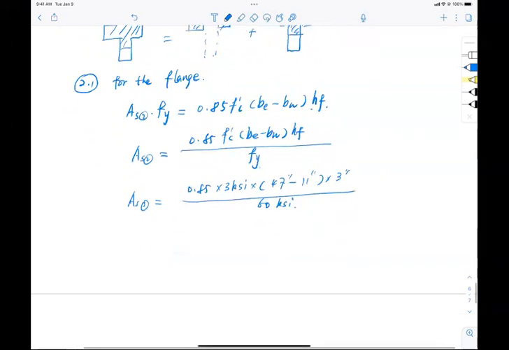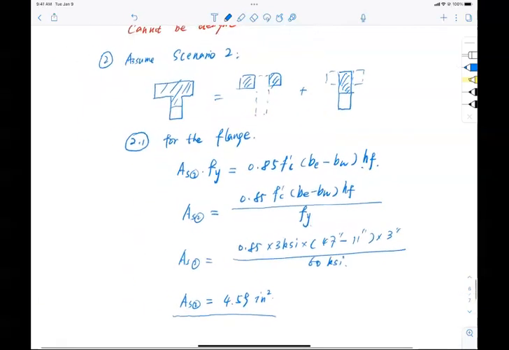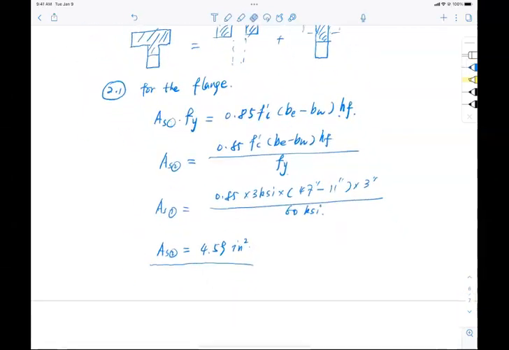And I want to save your time again. So AS2 would equal 4.59 inch squared. Okay, so that is the flange. Now you notice that I've switched the 1 and 2 quite often, so apologize. Let me go back to the original designation.